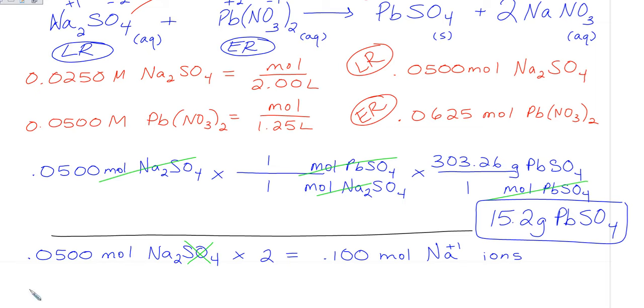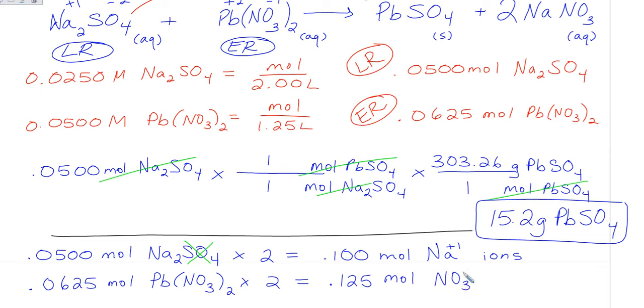The amount that I originally had was 0.0625 moles of lead nitrate. In solution, there's 2 nitrate ions per mole, so we'll multiply that by 2. And here we go. We'd have 0.125 moles of nitrate ions.